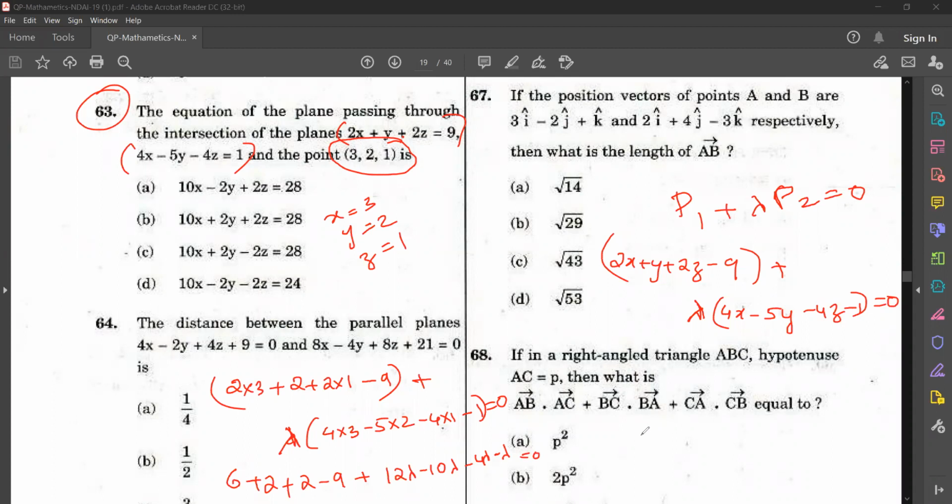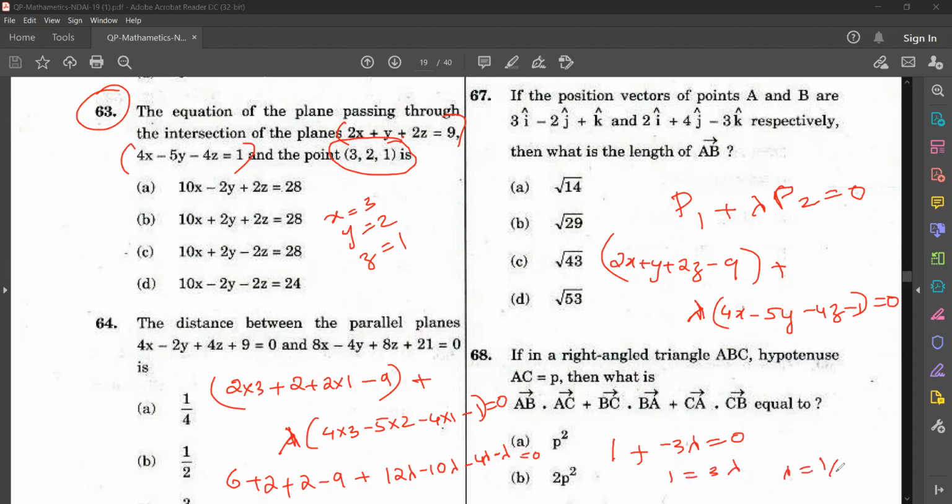So just solve this. 6 plus 4, 10 minus 1, 9. 10 minus 9, 1, plus here 2 lambda minus 4 lambda, that is minus 2 lambda minus 3 lambda equal to 0. So 1 is equal to 3 lambda.